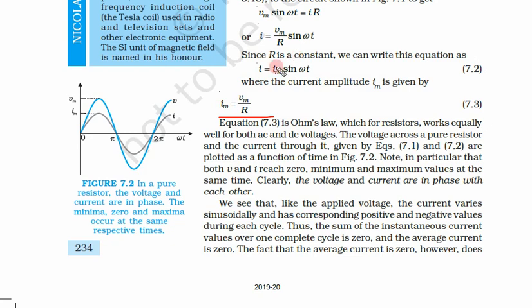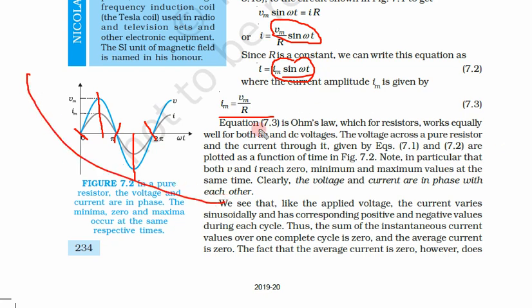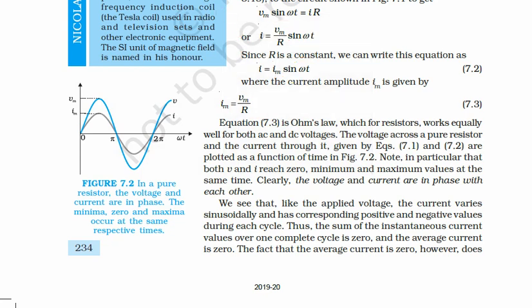But one important thing is that both are with sin omega t. Voltage is with sin omega t, and current is also with sin omega t. So both are sine, which means both waves will peak at the same place, be 0 at the same place, and again peak at the same place. These are waves for which maximum and minimum values coincide.